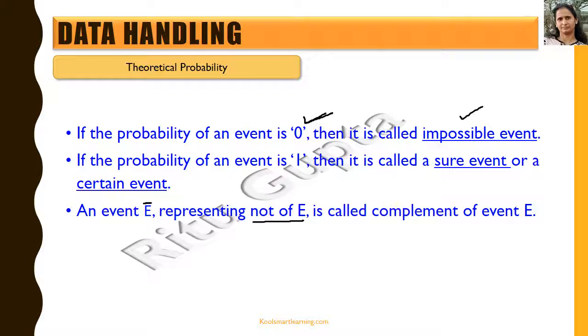Now if we throw a dice and we define an event as getting a 1, 2 and 3, this is an event and its probability we know is 3 by 6. So the event which is complementary to this is getting a 4, 5 and 6, getting anything other than 1, 2, 3. Now if this 1, 2, 3 is an event E, this becomes E bar, which is the complement of event E.